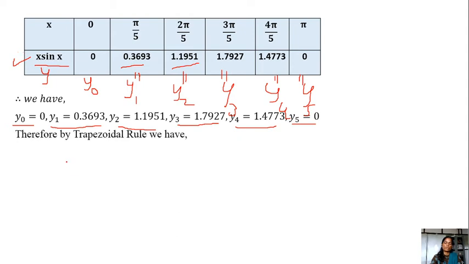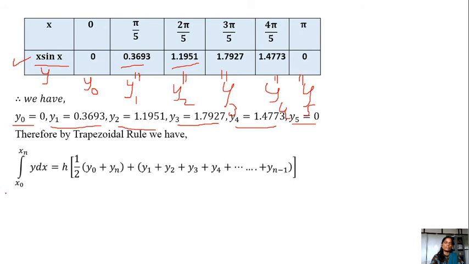So therefore, by the trapezoidal rule, write the general formula: integral from x0 to xn of y dx is h by 2 times y0 plus yn, the initial and last arguments, and then the addition of all values of the function in between. So this is the formula.